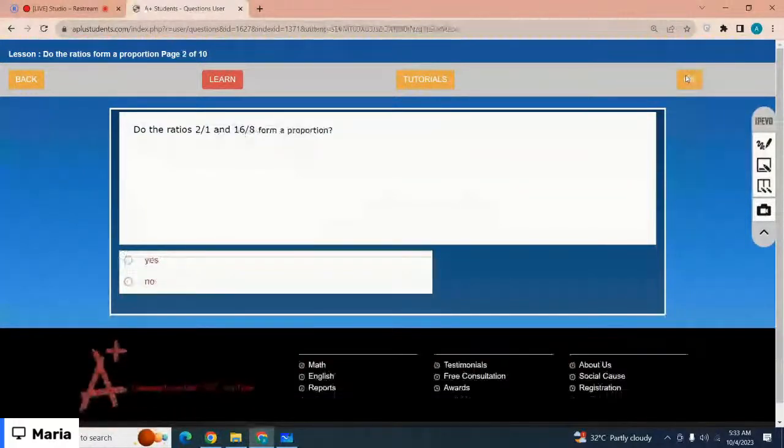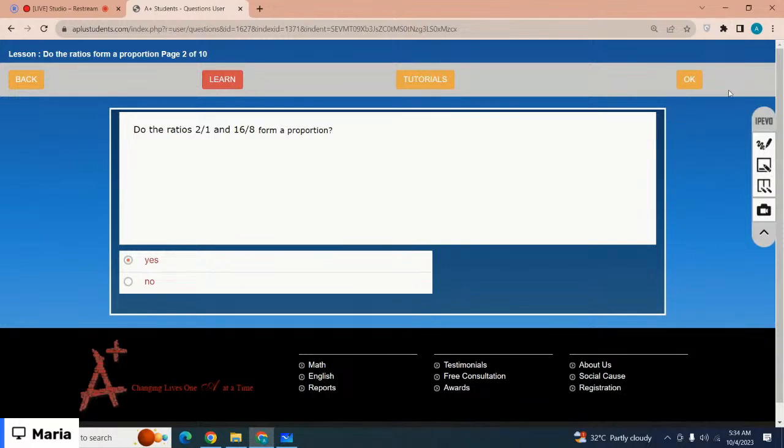Okay, do the ratios 2 by 1 and 16 by 8 form a proportion? Yes or no? Yes, they form a proportion.